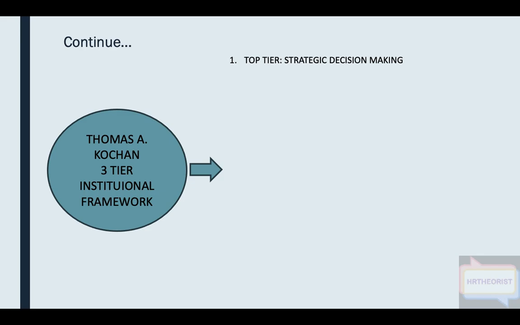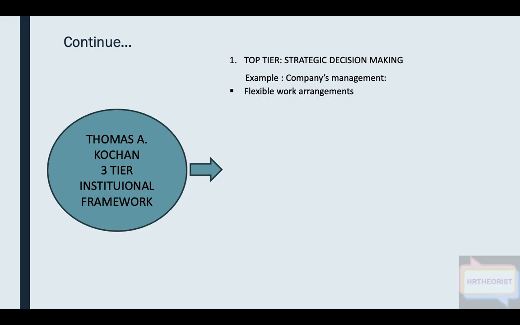Top tier, that is strategic decision making. The top tier represents strategic decision making at organizational level. It involves managerial decisions regarding human resource policies and organization structure.